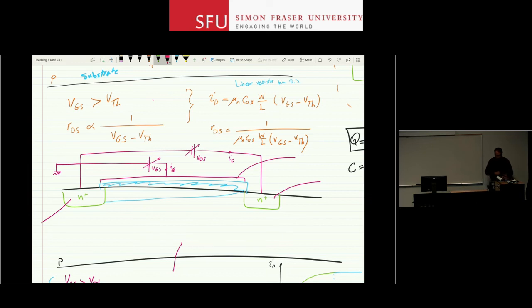So although this looks like a symmetric structure, and in fact it is, right? If you have an integrated MOSFET, the drain and source are interchangeable. You can use one end of the device as drain, the other end as source. There's no difference. Unlike a BJT, where you usually have much higher doping at the emitter end than the collector end. For a MOSFET, it doesn't matter.